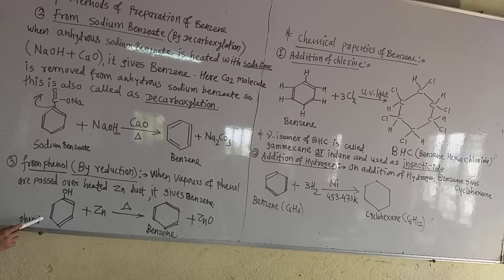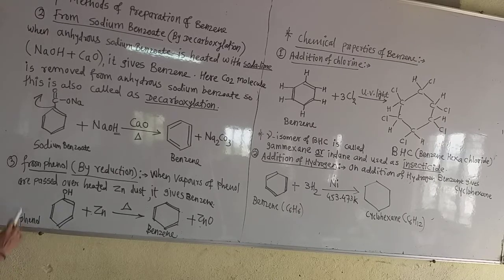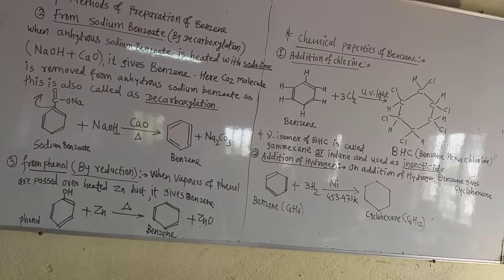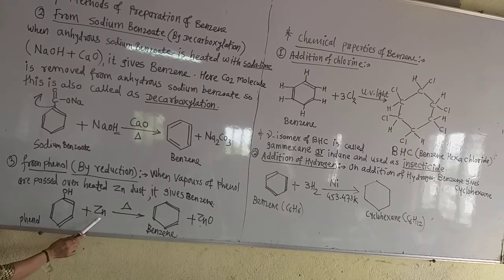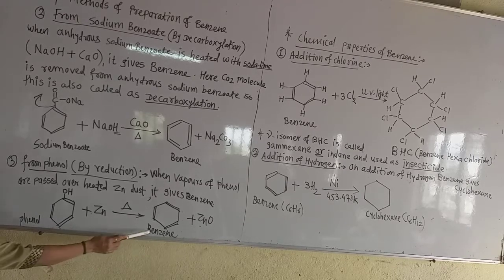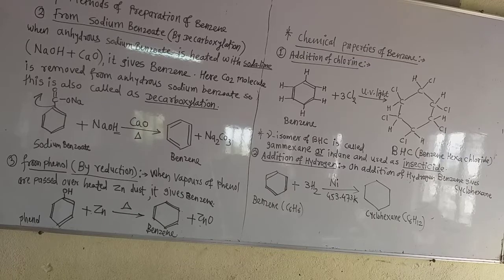Now this is phenol. When vapors of phenol are passed over heated zinc dust at high temperature, on heating with the zinc metal dust, what happens? There is formation of benzene. Benzene is obtained. And how is benzene obtained?